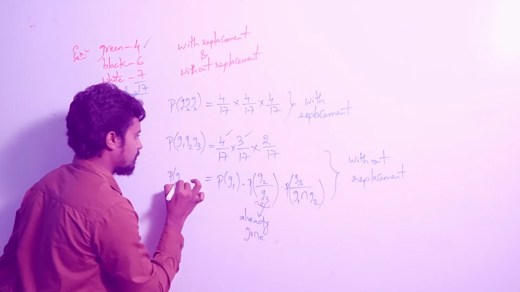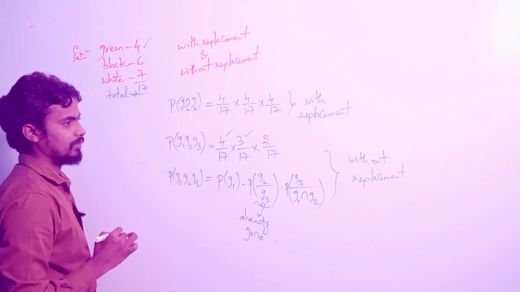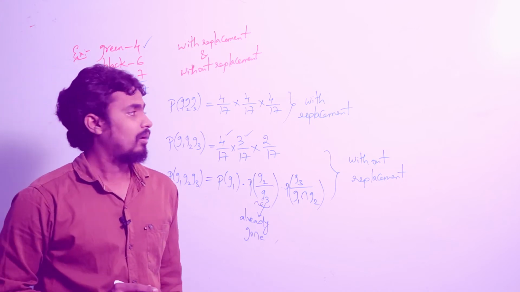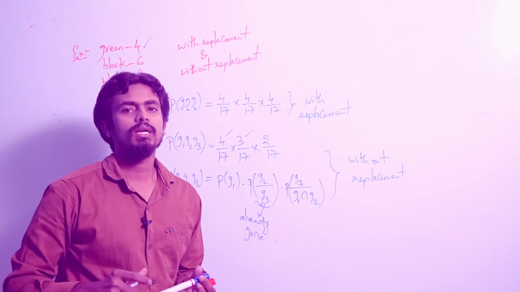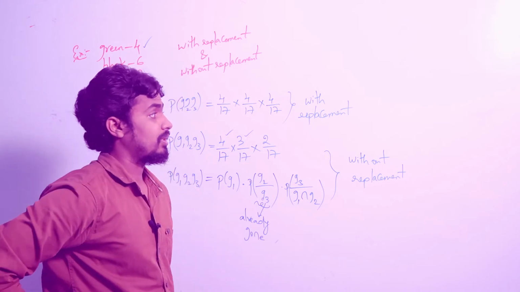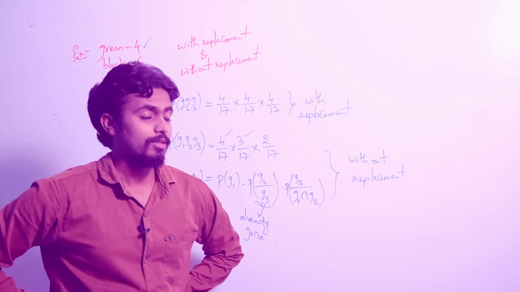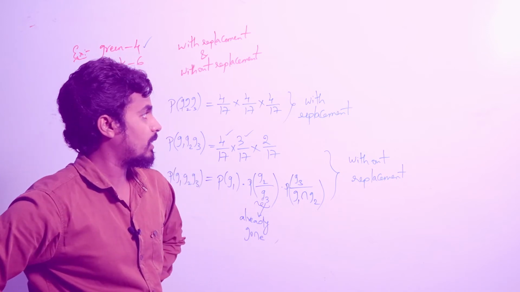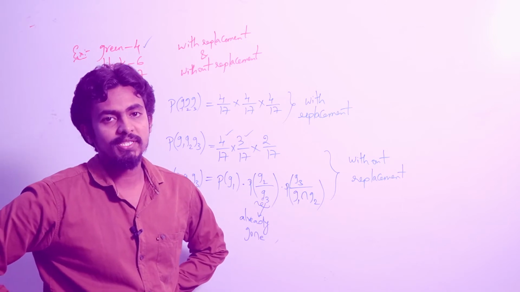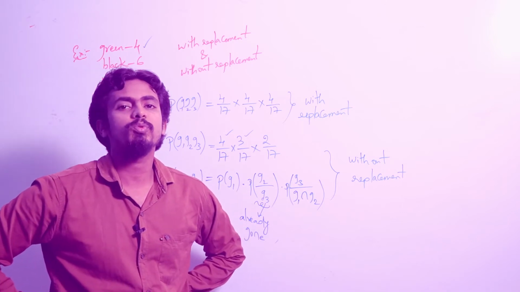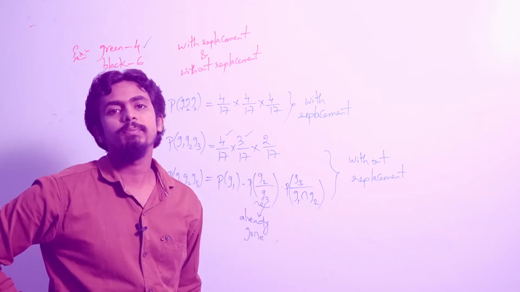P of G1, G2 as well as G3. Please remember, for with replacement and without replacement, we have to move on to further sessions. We have to solve so many questions based on this with replacement and without replacement, as well as joint probability functions, and dependent and independent events.